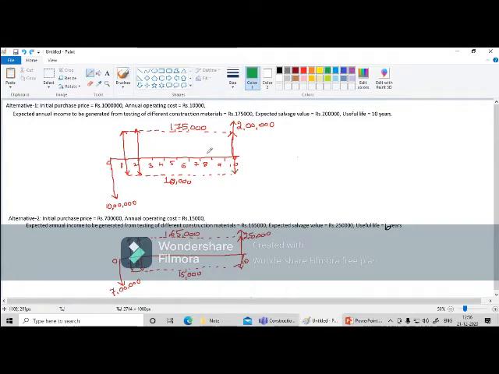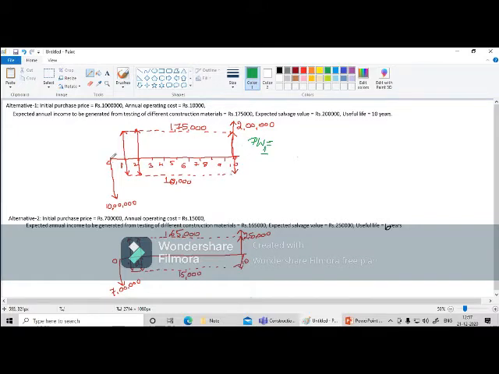See, for alternative 1 I'll formulate the present worth PW1, present worth for alternative 1. So this 10 lakh is already in the present state. Remember always one thing: the left side of the cash flow is present, the middle, whatever has been distributed, is annual.